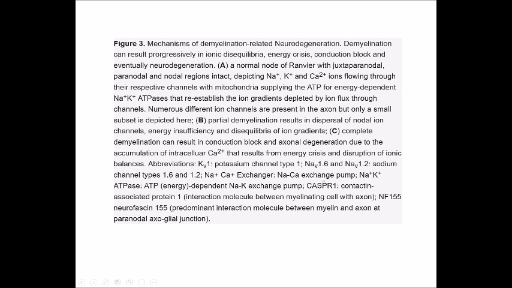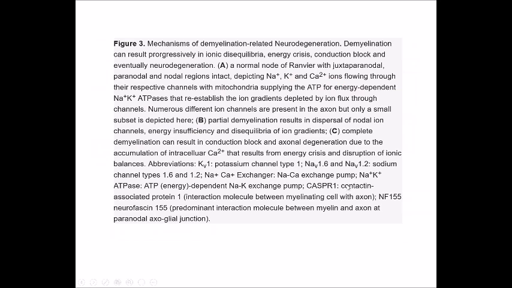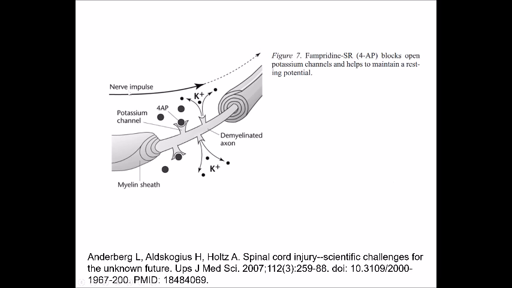And so there you can go through this whole diagram here as it's going through these particular steps and understanding more about the energy demand and what's going on potentially with MS. So the idea is that aminopyridine will block those potassium channels in the region that's becoming demyelinated and maybe won't allow it to be so altered in its properties, and this could help in some aspects. But you can see it's complicated because it might not just be decreasing the potassium coming in, but we're worried about the potassium leak as well that occurs.